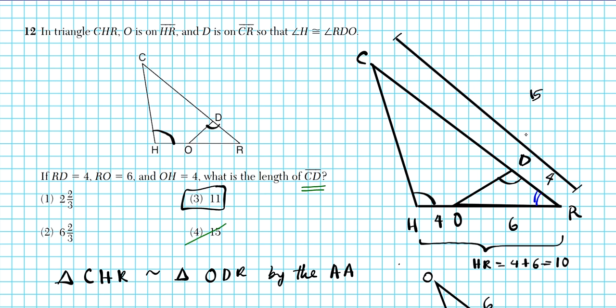So when you go 15 minus 4, that gives you this remaining portion right here, which is 11 units long. So we just basically use the segment addition postulate and the similarity ratios to figure out the length of side length CD. Okay, so that's that.